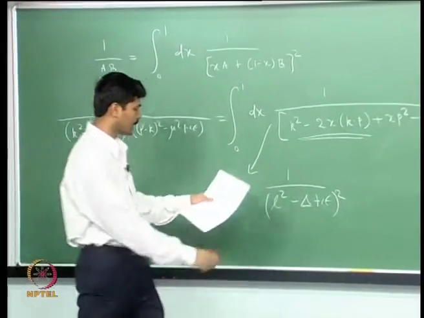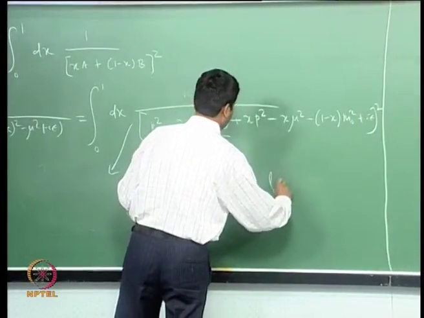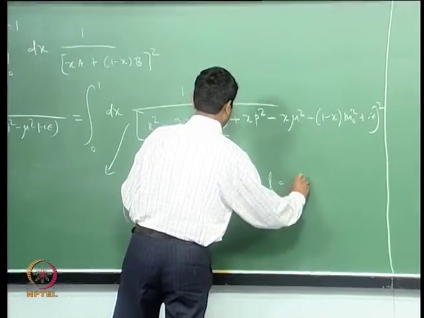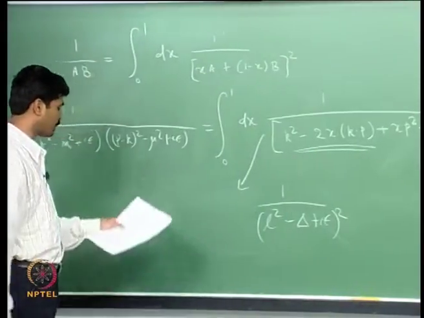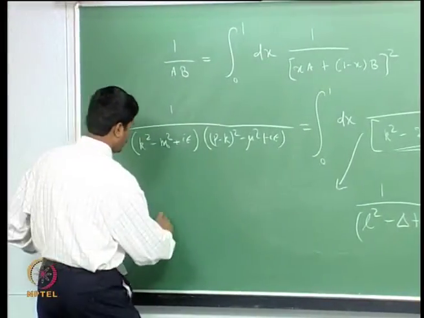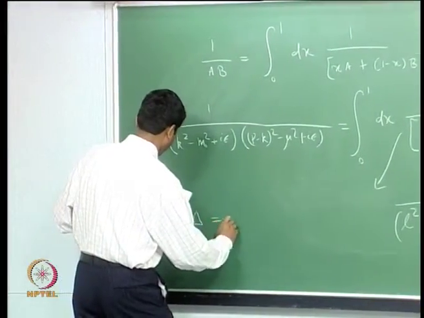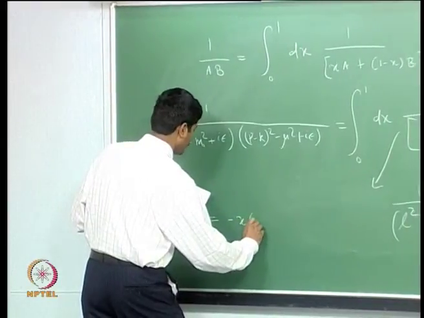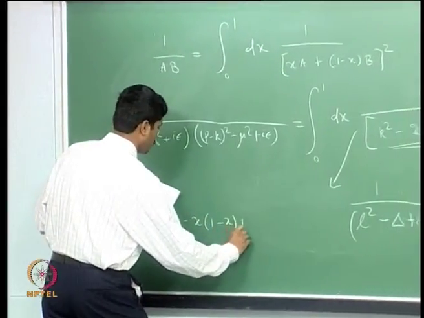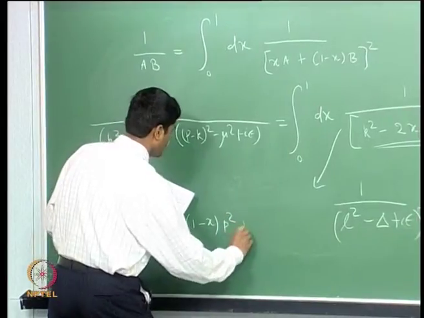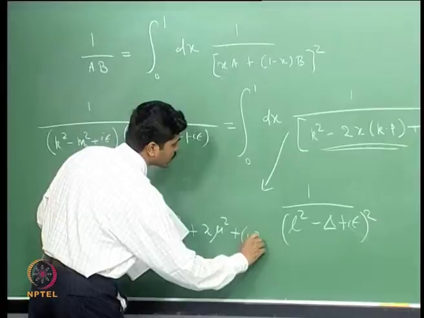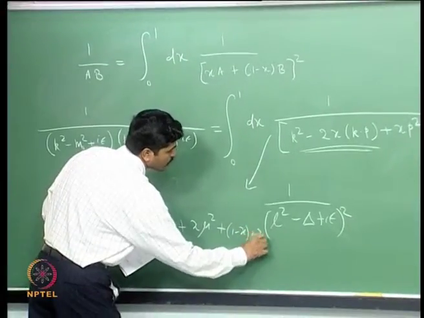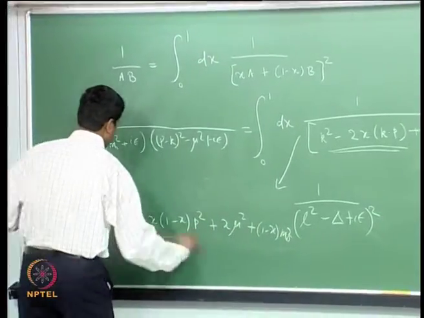If you use L equal to k minus x p, then delta is given by minus x times (1 minus x) p square plus x mu square plus (1 minus x) m0 square. This is the expression for delta.